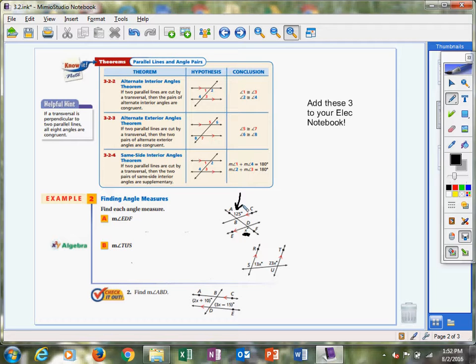There's a couple ways to get around this, and I'm going to show you one way to do it. They appear to be both on the outside of the 2 lines, on opposite sides of the transversal. They appear to be alternate exterior angles, just the way that it's written right away.